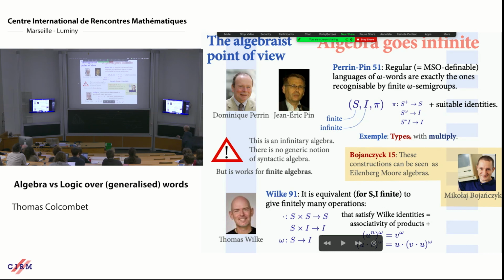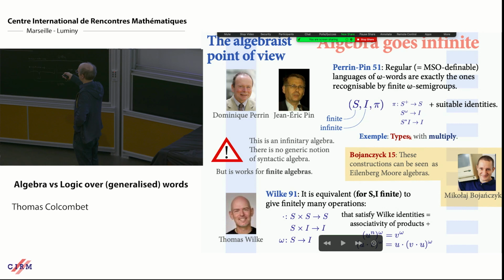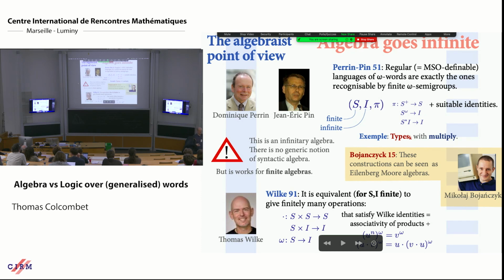So here there is this key insight of Thomas Wilke, who says, oh, but you just need to use the product between finite words, the product of a finite word with an infinite word, and a single omega operation that simulates the effect of iterating always the same element.